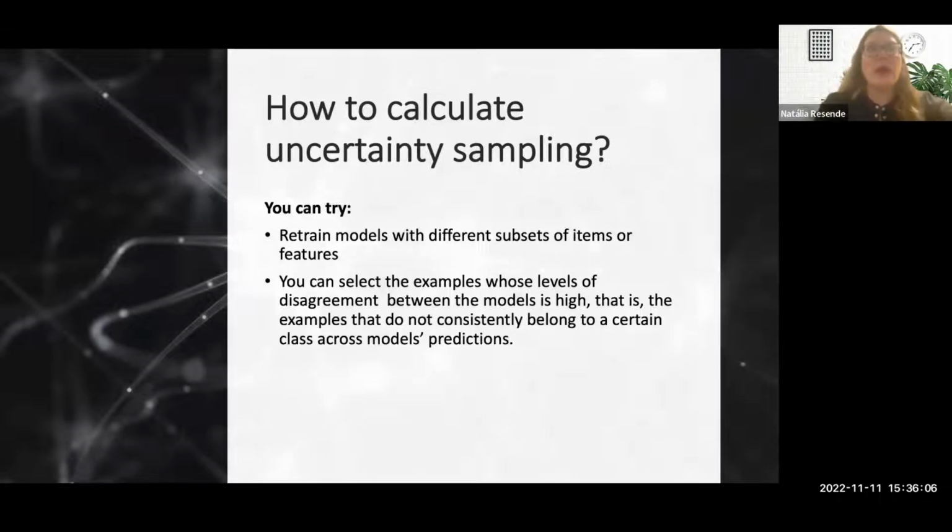So let's say you have two models, and they have different predictions for one example, but for the second example, they have very similar or actually equal predictions. So you can calculate the level of agreement for each of the predictions of the different models, okay?